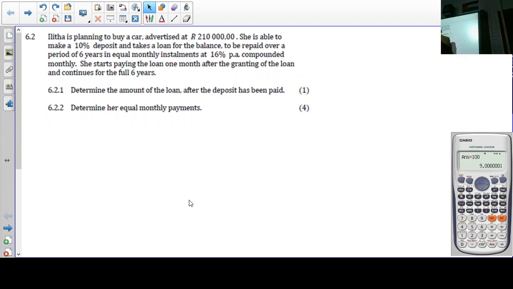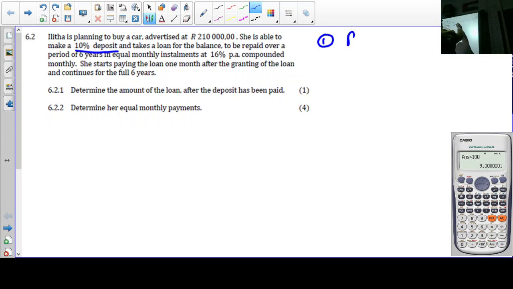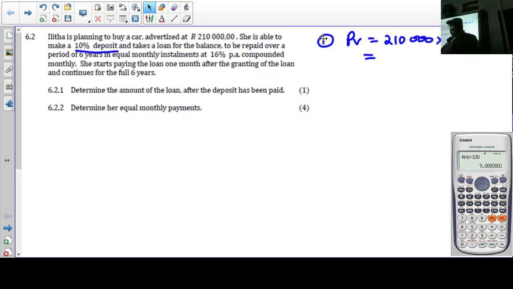So the amount of the loan, of course, is paying 10% deposit, which means to say the PV value is actually 90% of 210,000. Okay, so then you put on a calculator. Of course, there's another way you could have done it. So it's simply going to be 210,000 multiplied by 0.9. So that gives you 189,000.